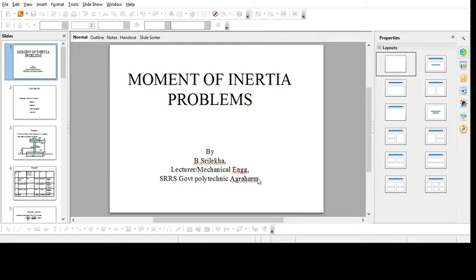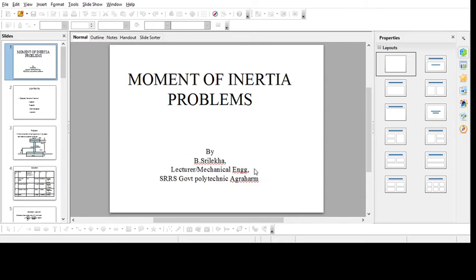So for the first one, its length is 75. So L by 2 means 37.5.